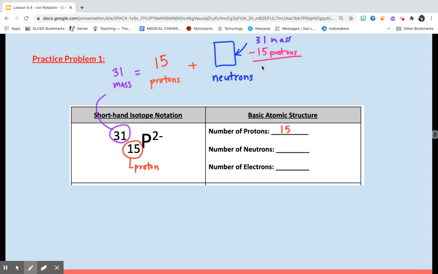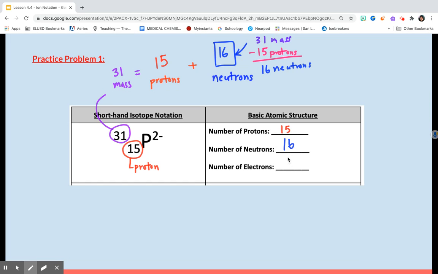So 31 minus 15 is going to be 16. So therefore, I have 16 neutrons. So my neutrons is 16.